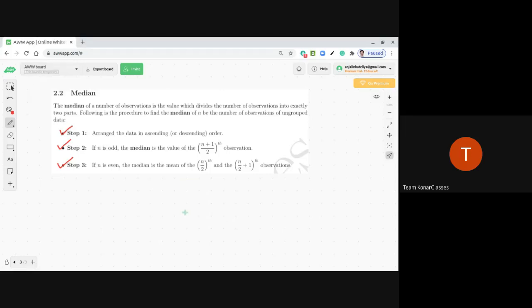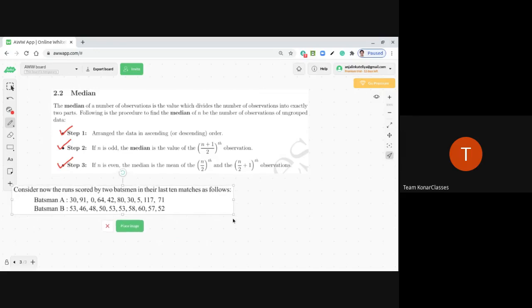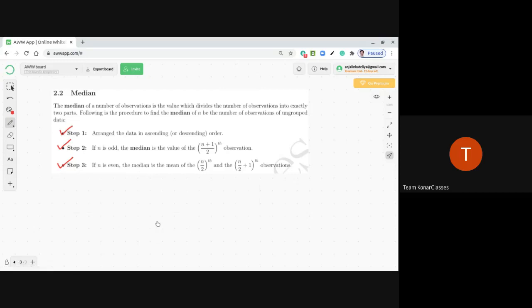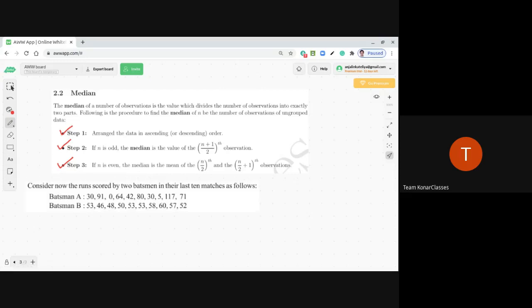These are the runs scored in the 10 matches. Now, how to find their mean, you are aware of. Mean is pretty simple: you add those numbers for batsman A and divide by 10, you will get the mean. And similarly for batsman B, you will also get the mean.